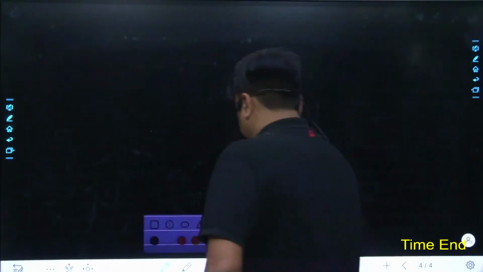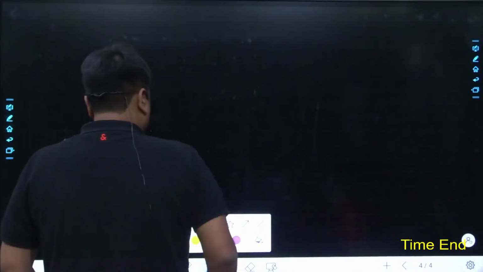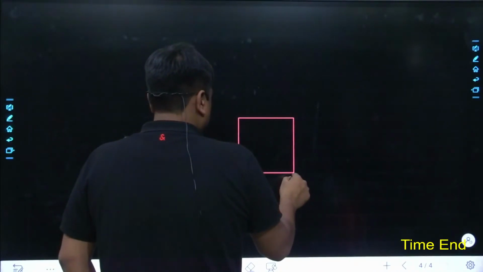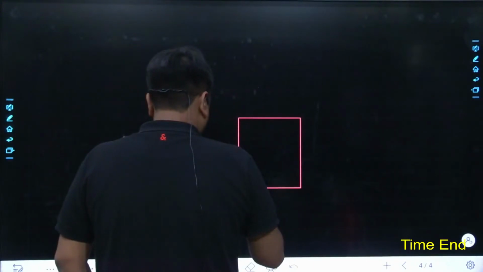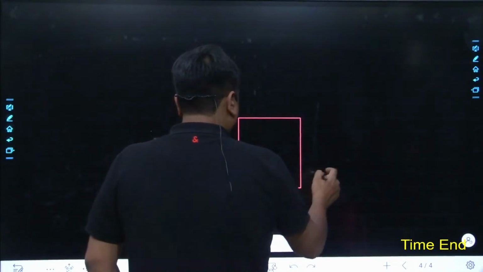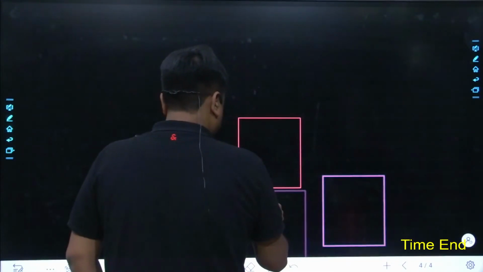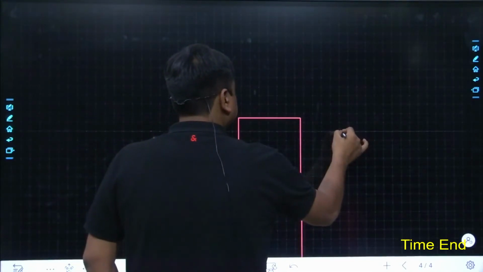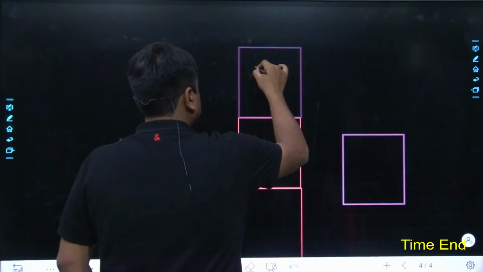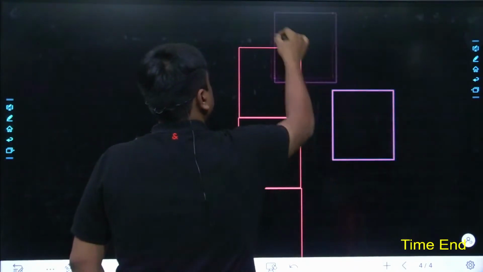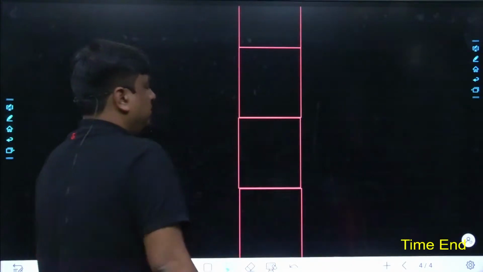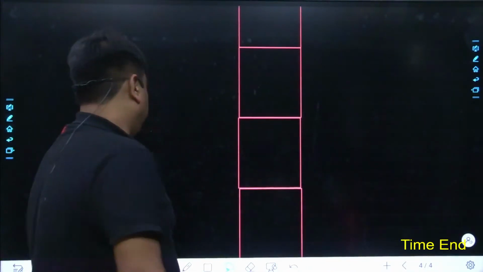We can make a ladder structure. Let me draw a ladder structure. There are three steps in this ladder.